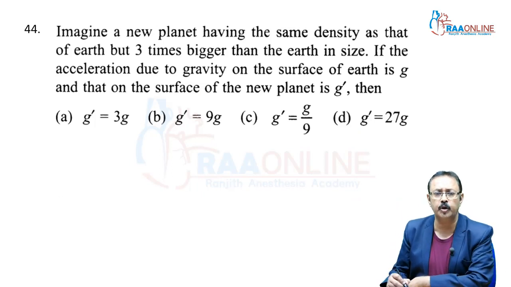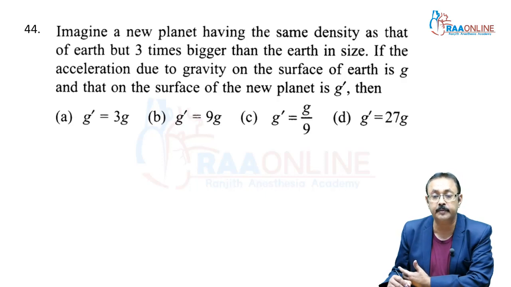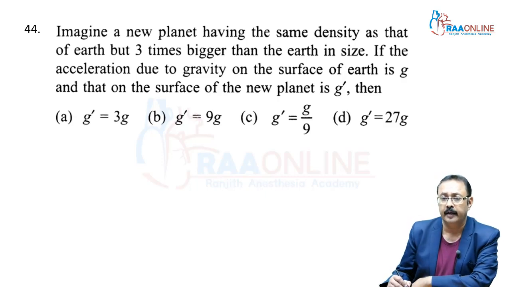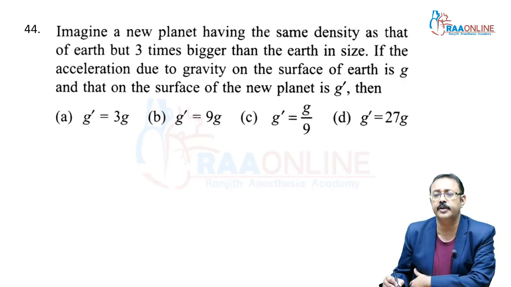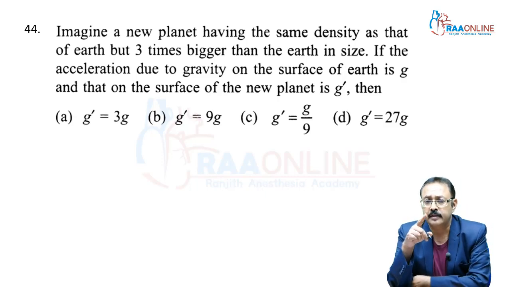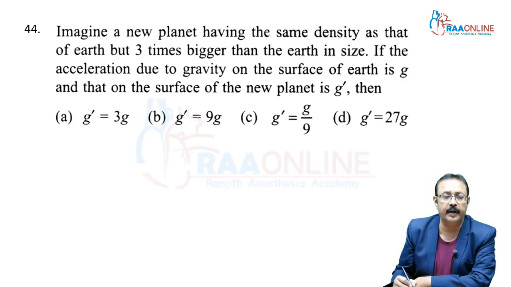44. Imagine a new planet having the same density as that of Earth but 3 times bigger in size. If the acceleration due to gravity on Earth is g, what should it be on that planet? We know that on Earth's surface, g is GM upon r square.